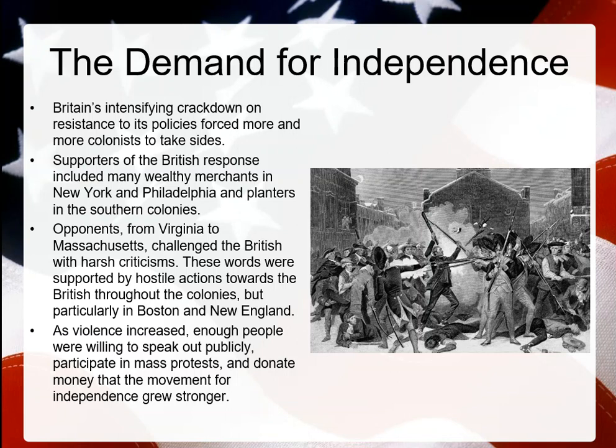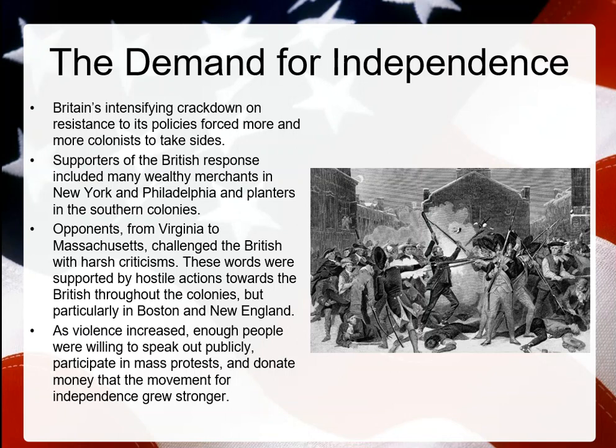Supporters of the British response included many wealthy merchants in New York and Philadelphia, and planters in the southern colonies. So most of the people that supported the British were the wealthy for the most part, right? They had the most to probably lose. However, the people that supported the Patriots were small farmers, and not all of them.